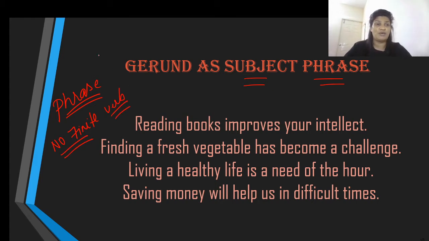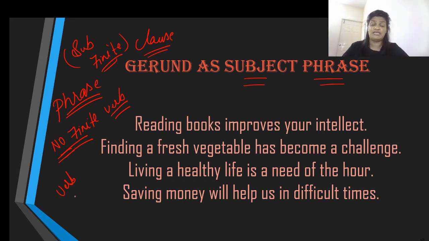A clause is when you have a subject and a finite verb. And a phrase is actually a combination of different words. It could be a verb, an adjective, a preposition, or a noun. A combination of verbs or nouns or anything for that matter.